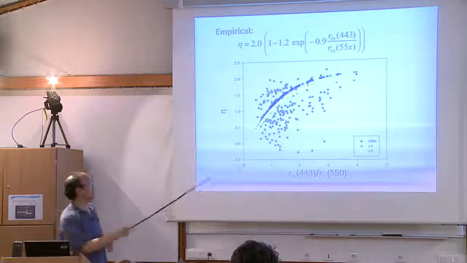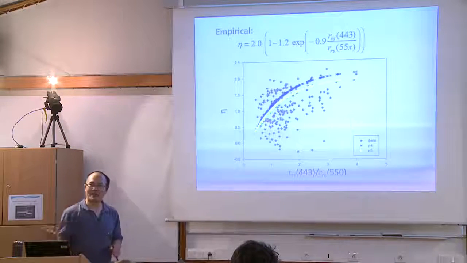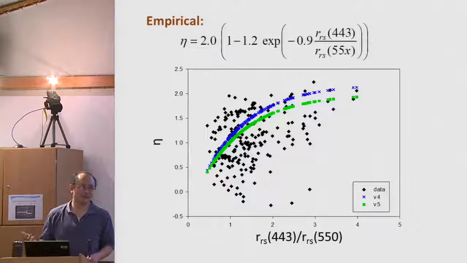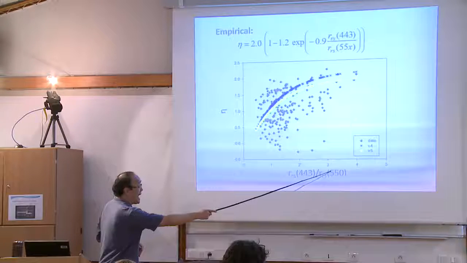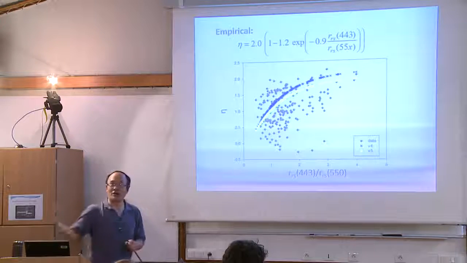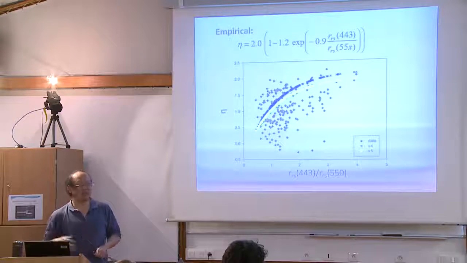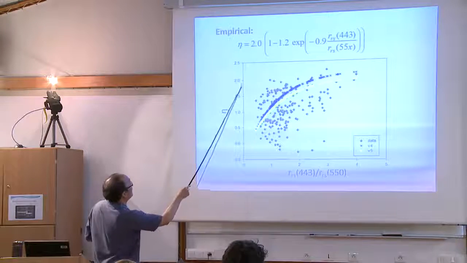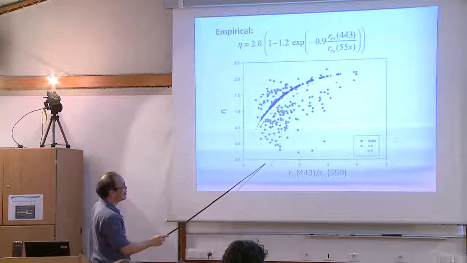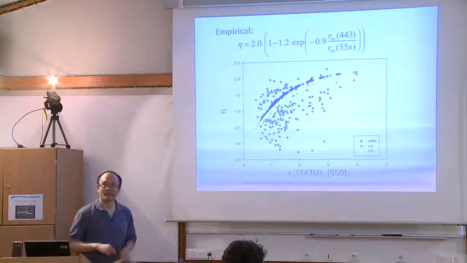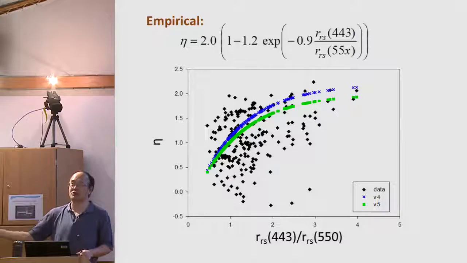But as you can see, it didn't capture the variability at all. It just gives you a trend, okay? A higher ratio means open ocean waters: higher ratio, open ocean, we get a higher number. A lower ratio, coastal waters, we get a lower number. It basically represents a general trend only.